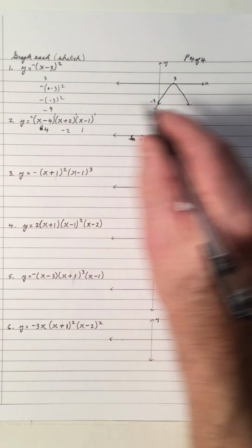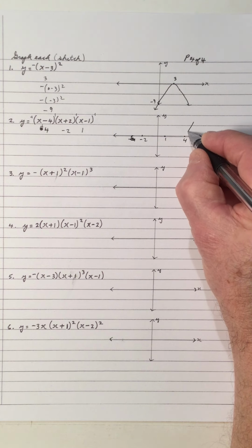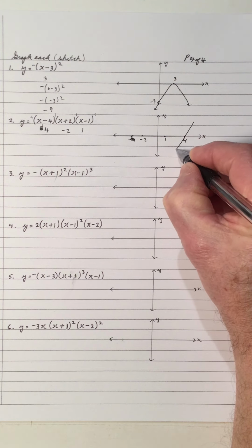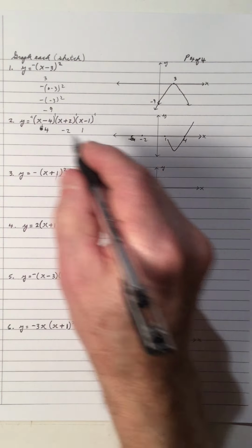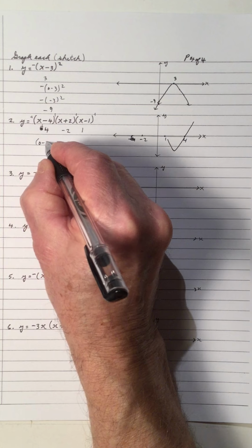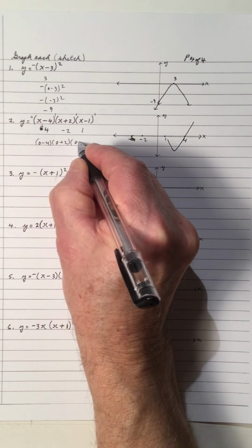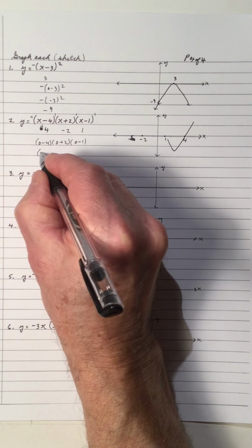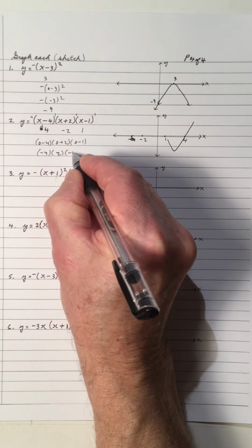And because it's positive, I start from up here, and I go down through, do a bend, not concerned how far. Oh, I didn't get my y-intercept. So I let x equals 0 and take my time and work it out. That's -4, 2, -1.